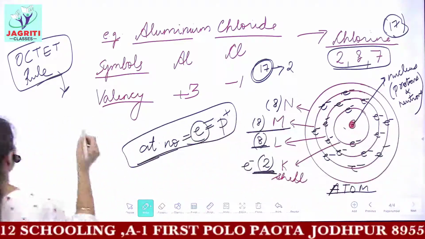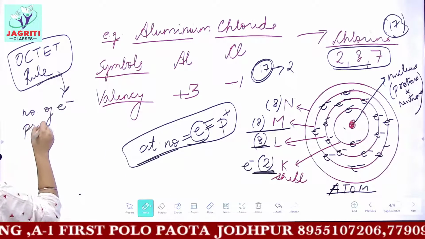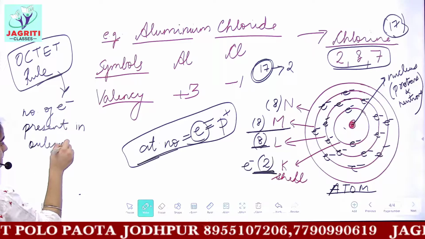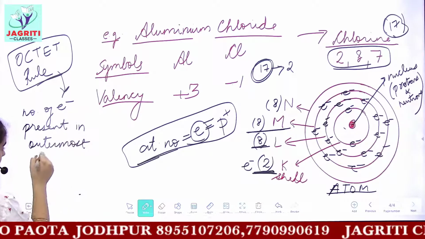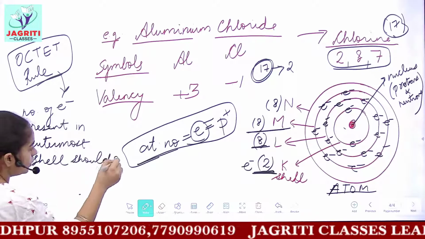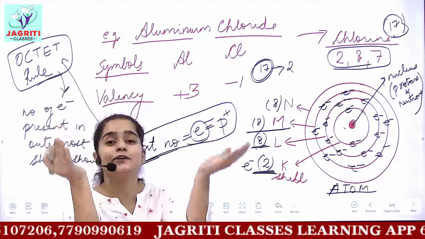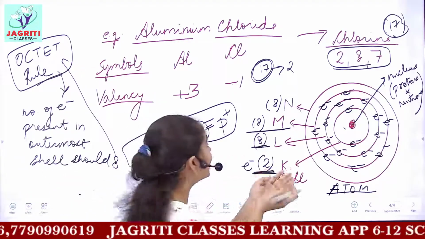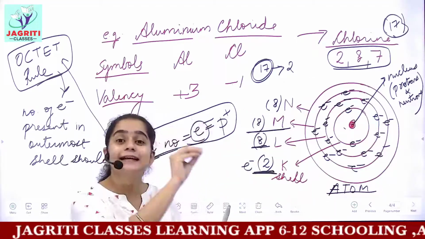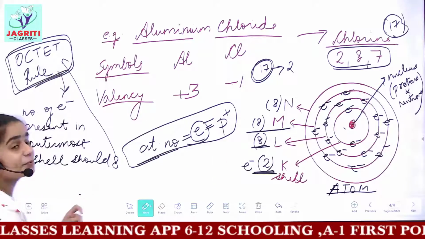It states that the number of electrons present in the outermost shell should be 8, and so here comes the name octet. Octet means when all the 8 electrons are completely filled, that is, your last shell is completely filled and no other electrons can enter the shell. Then according to the octet rule, the given atom is stable.